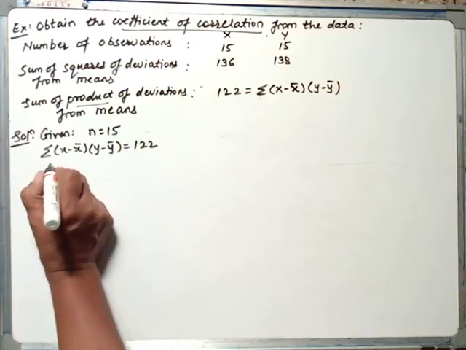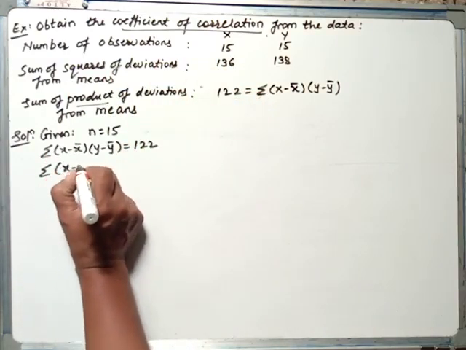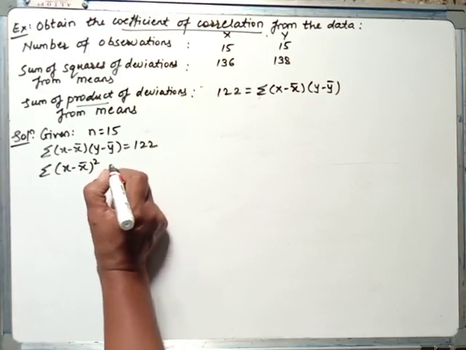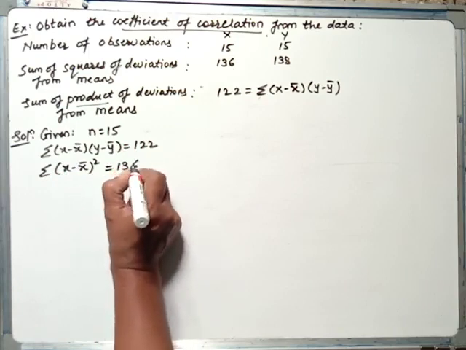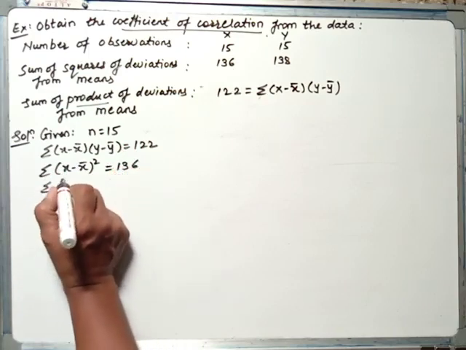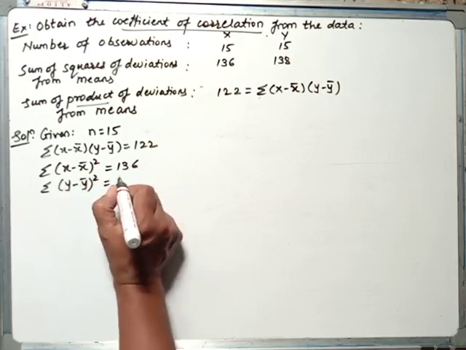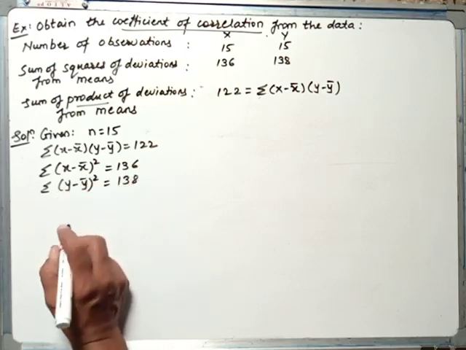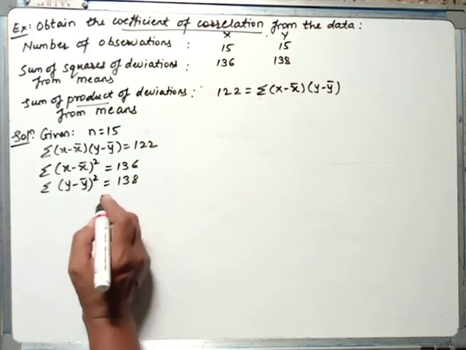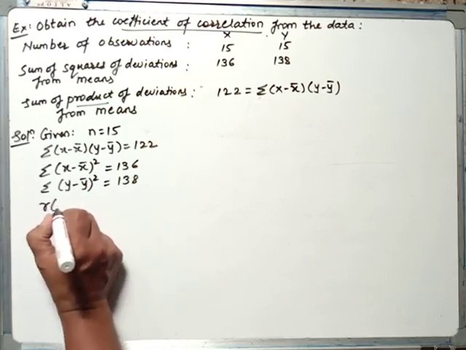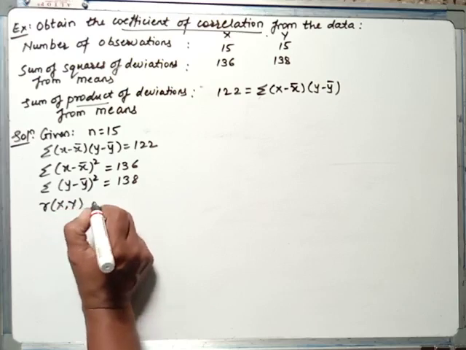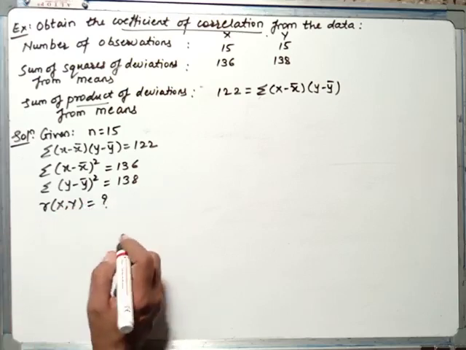So this is summation x minus x bar square, that will be 136, and summation y minus y bar square. For x series and y series, obviously these are different. What we have to do? We have to calculate coefficient of correlation between x and y.